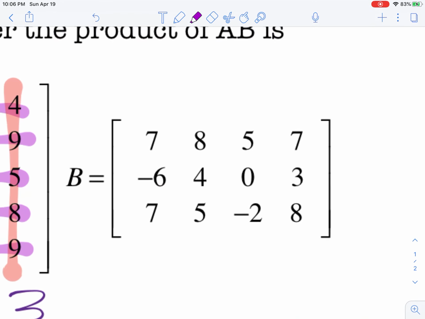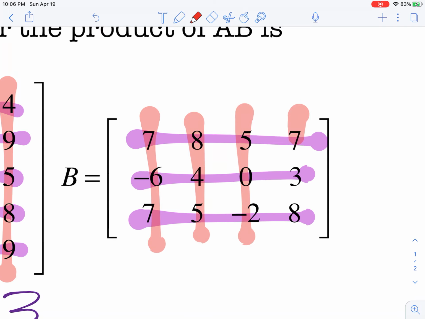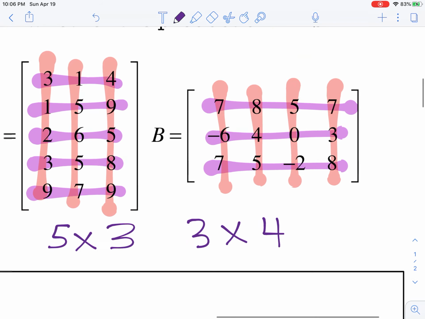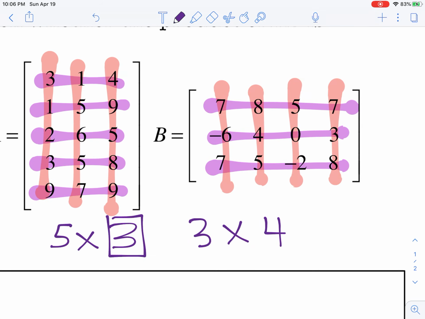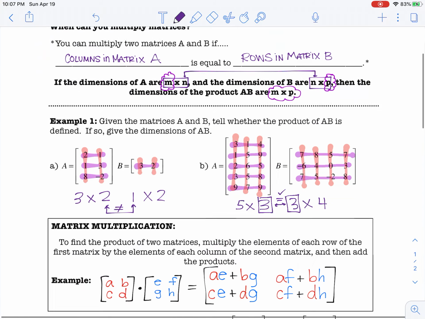Then our second matrix has 3 rows and 4 columns, making it a 3 by 4. And we have a match. So these two can indeed be multiplied because these two are equal.